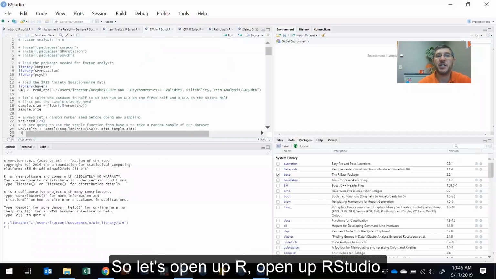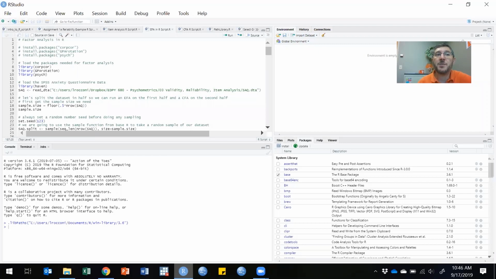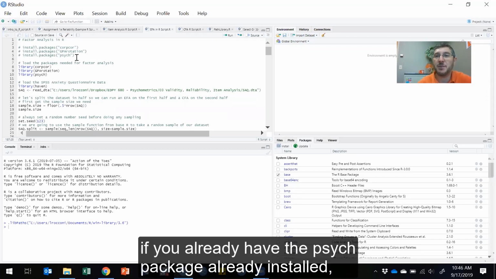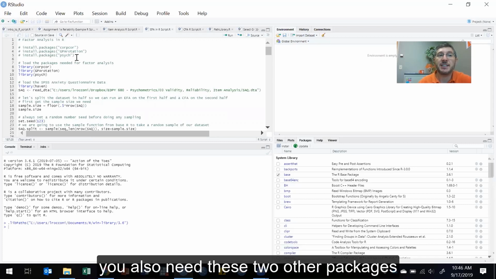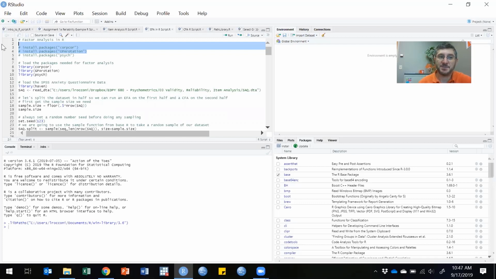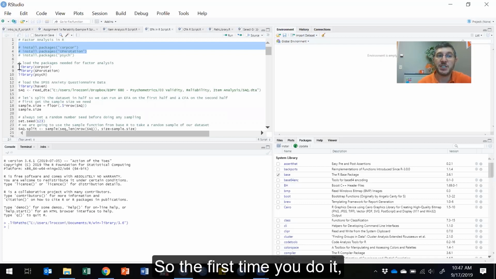So let's open up RStudio. If you haven't already, you'll need, I think you already have the psych package installed. You also need these two other packages installed for this session. The first time you do it, you install them on your computer. You don't have to do it again.